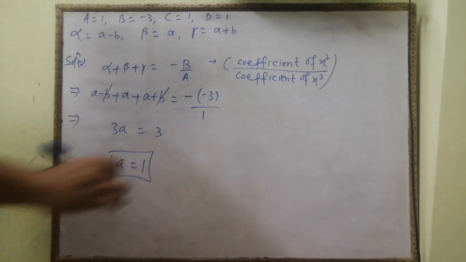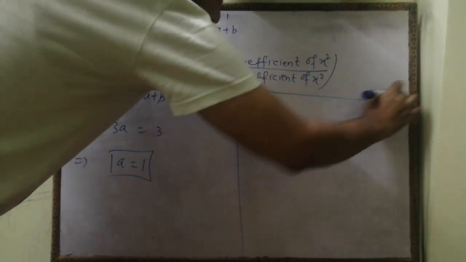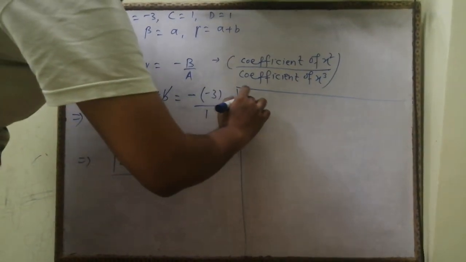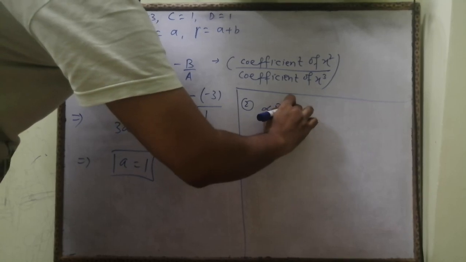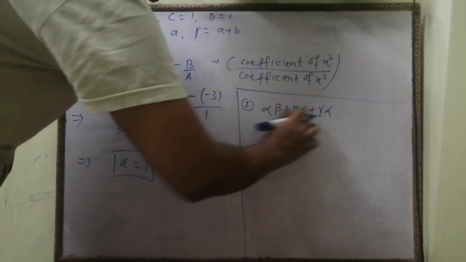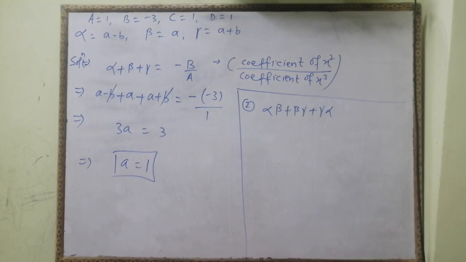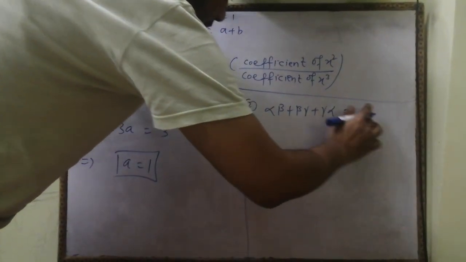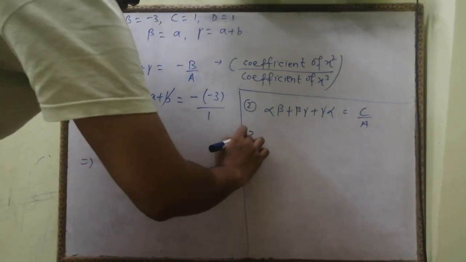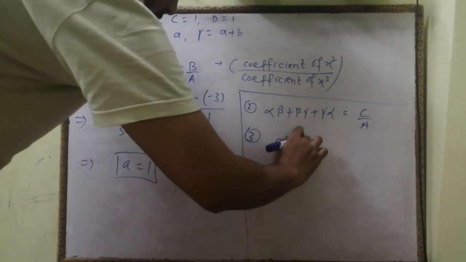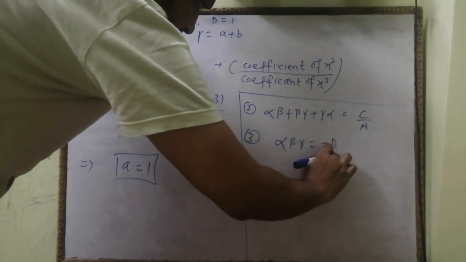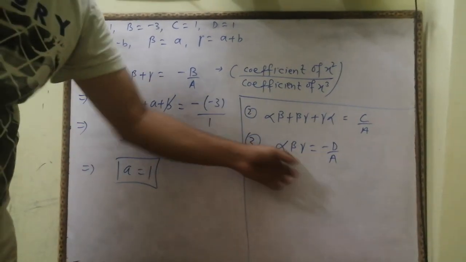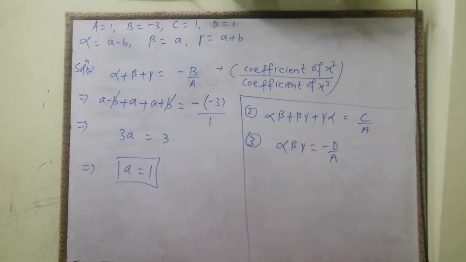Then we will go for the value of b. We can use the second relation, alpha beta plus beta gamma plus gamma alpha, which is called the sum of products of zeros taken 2 at a time, equal to C by A. We can also find it from alpha beta gamma, that is equal to minus D by A, but I suggest using option number 3 because it is much easier than option number 2.